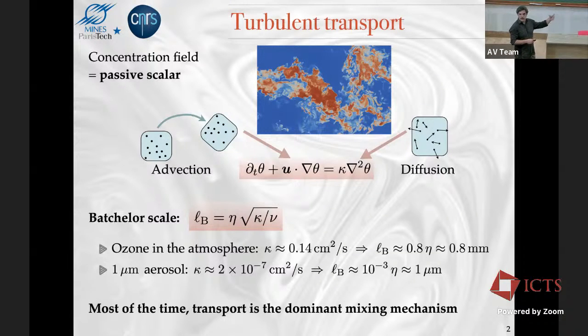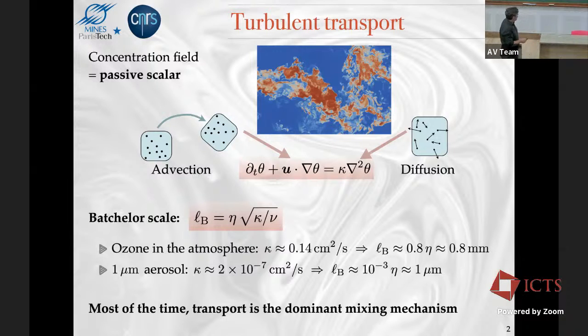You have this value for the diffusivity, and when you put the numbers in, you get that the Batchelor scale is 0.8 times the Kolmogorov scale, which means it's just a bit smaller. If you want to monitor pollution, your typical scales are kilometers, so it's well above that. So diffusive effects will have no contribution. Everything will be described by the advection term.